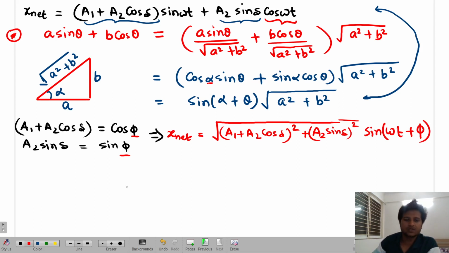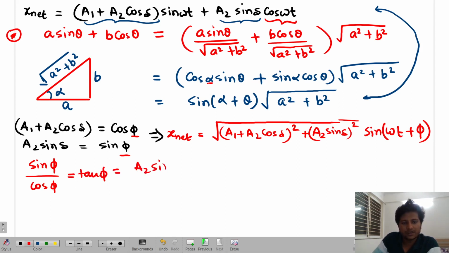But then the question arises, what is this phi value? If I divide sine phi by cos phi, that is equal to tan phi. And tan phi is equal to a2 sine delta divided by a1 plus a2 cos delta.